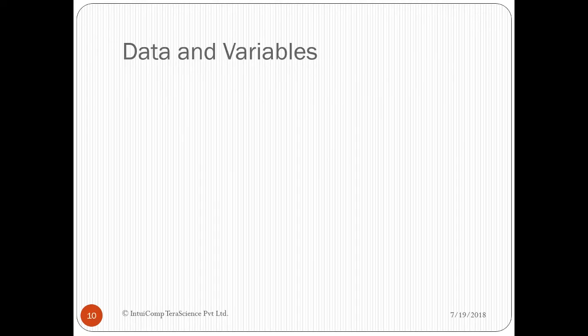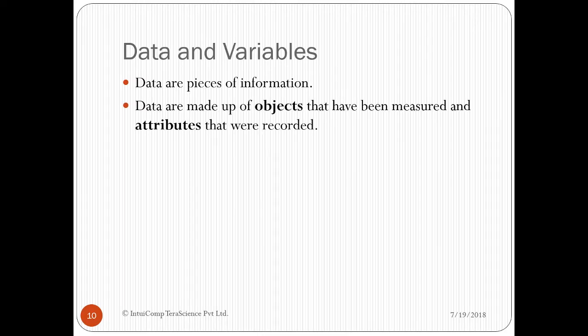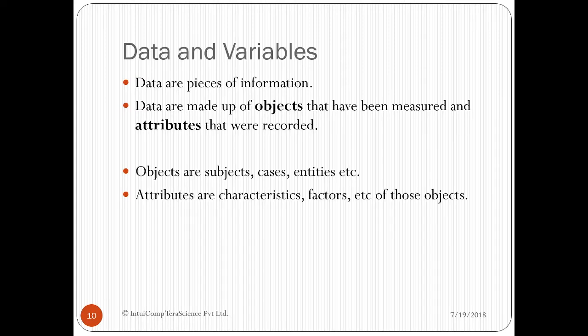Next is what are data and variables. Data are pieces of information. Data are made up of objects that have been measured and attributes that were recorded. Objects are subjects, cases, entities, etc. Attributes are characteristics, factors, etc. of those objects.